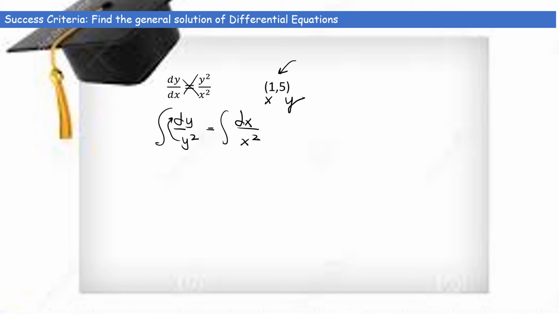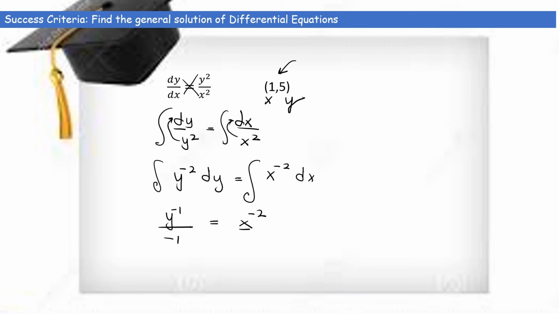Bring the y square to the numerator. So it will give you y to the power negative 2, and similarly bring the x square to the top, you will get x to the power negative 2 dx. Use the power rule, add 1 to the power, so you will get negative 1 over negative 1 equals x to the power negative 1 over negative 1 plus c.